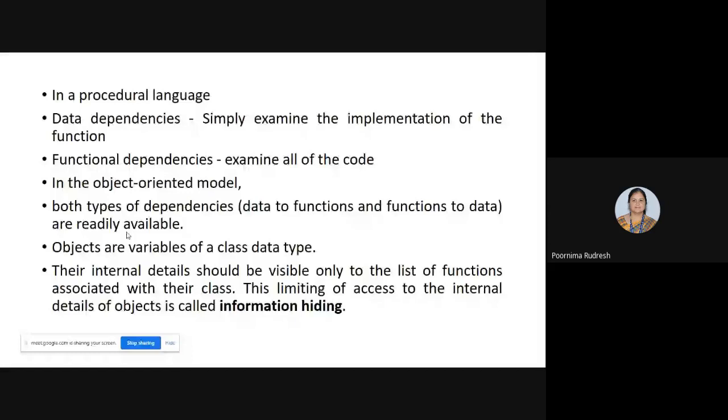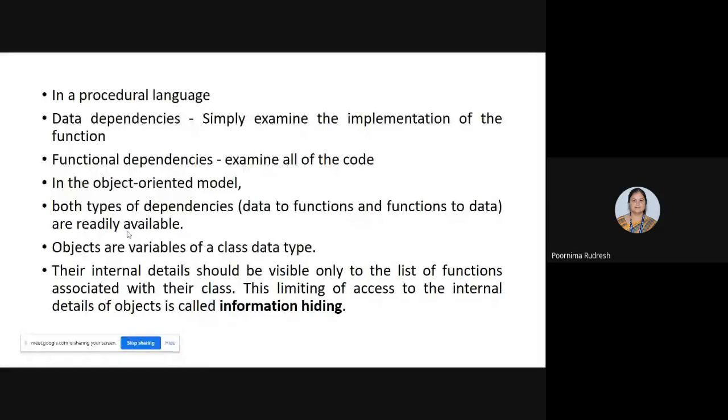But in the object-oriented model, these dependencies are readily available. No need to examine the implementation of the code or the function. They are easily available in the object-oriented model. Then objects are variables of a class data type. Clear?